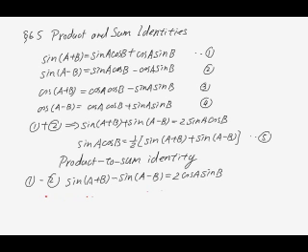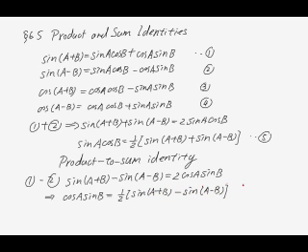We got cosine A times sine B equal to 1/2 times the quantity sine of A plus B minus sine of A minus B. And let me call this identity 6.